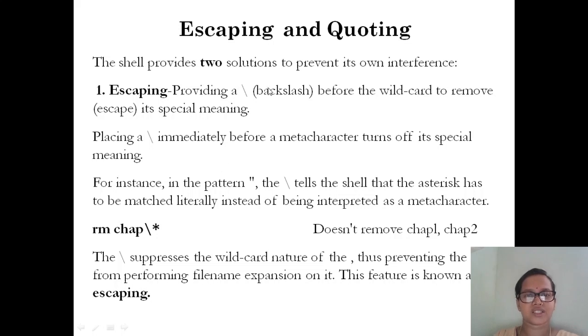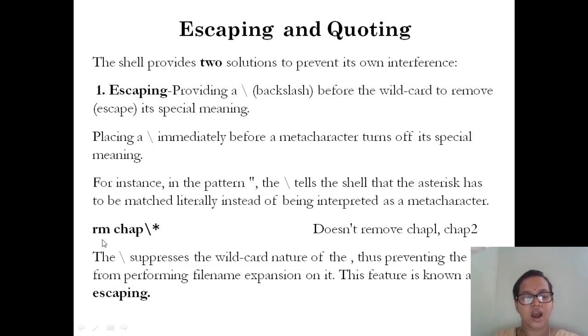So placing a backslash immediately before the meta character will turn off its special meaning. For example, in our pattern you have just placed the backslash before your asterisk, so that it is interpreted as an ordinary character and not as a meta character.